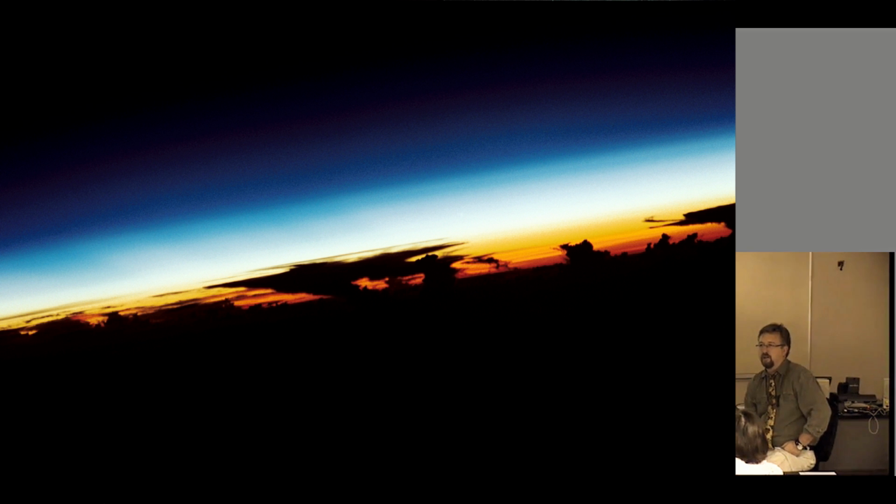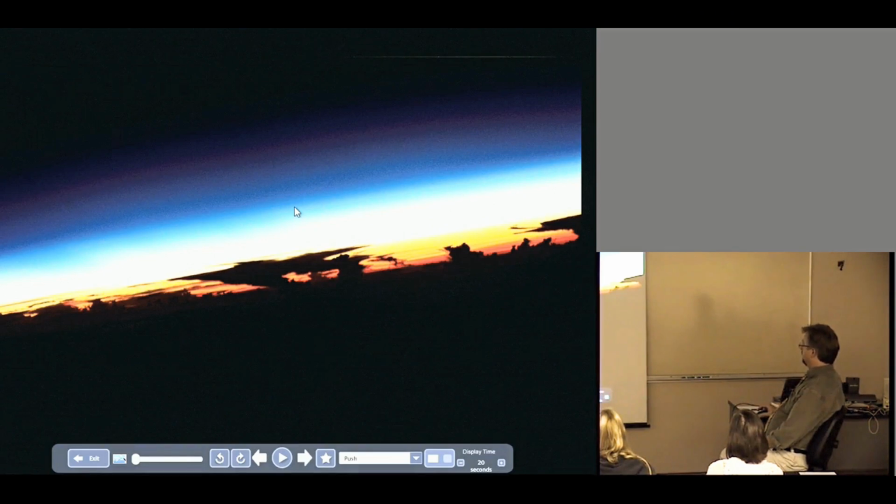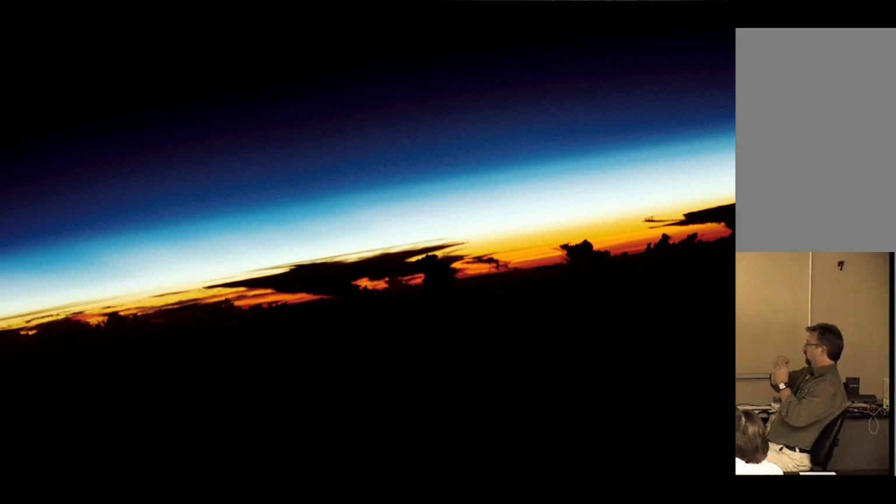There is a very hot layer of the atmosphere called the thermosphere. Below the thermosphere, this light blue area is called the mesosphere. And right at the base of the mesosphere, you can see a series of very well-defined strata. That's where the ozone layer is. You've probably heard of ozone, right? It's called the stratosphere.